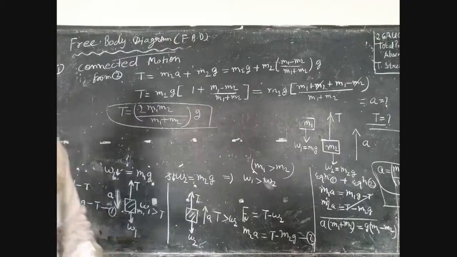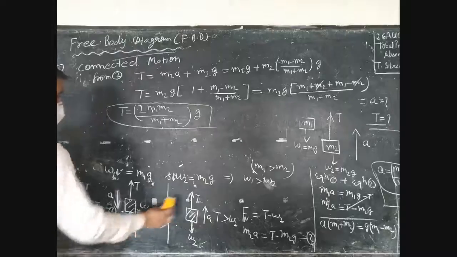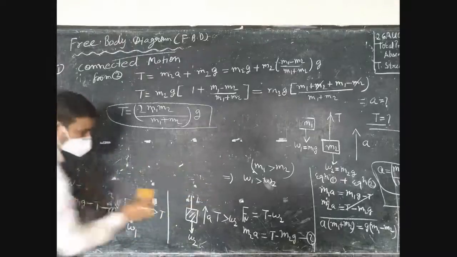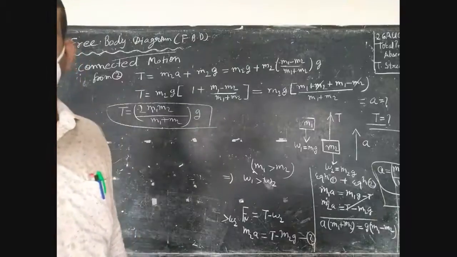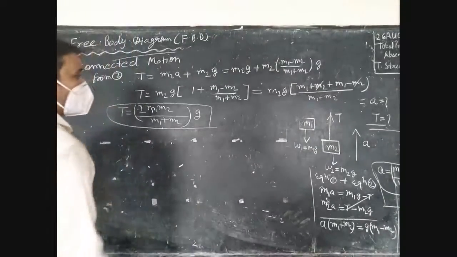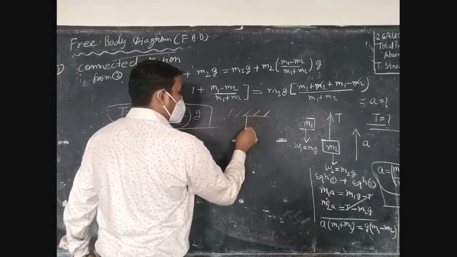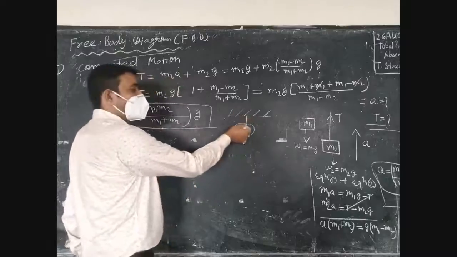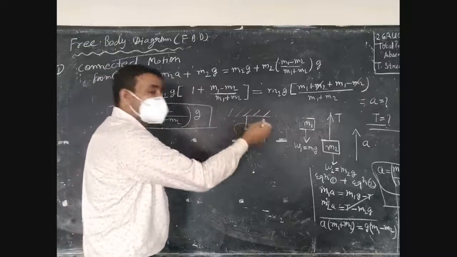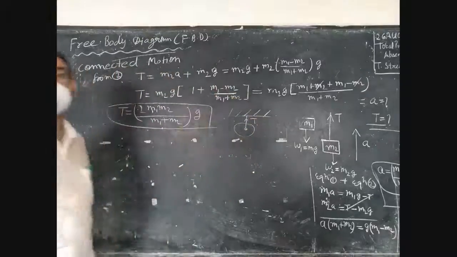Okay, understood? Now a simple concept is, just see, the pulley is hanged with a support, whatever it is, a rod or another string, so it will also experience a tension in the upward direction.